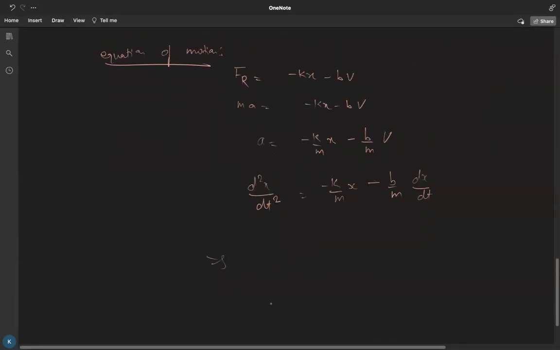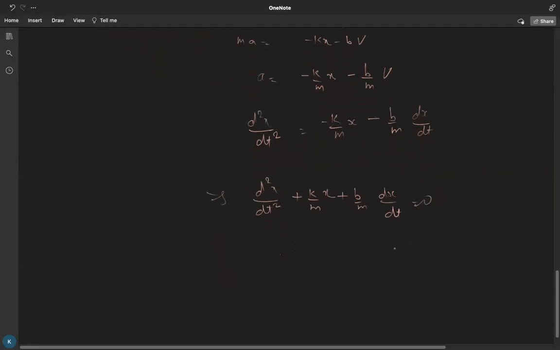Okay, so we can also write it as d square x by dt square plus k by m into x plus b by m into dx by dt is equal to 0, right? But this is a differential equation. This is the differential equation, right?